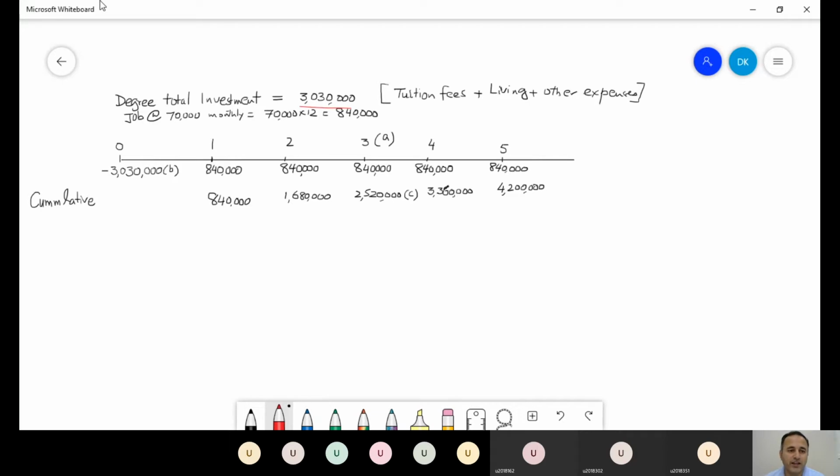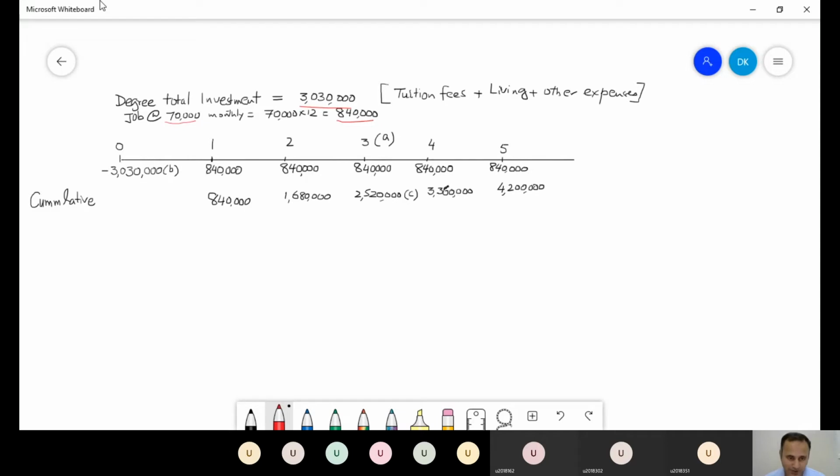Then they said they're expecting 70,000 rupees per month, so 840,000 per year. If you plot it on the timeline, at time 0 they invested 3,030,000 rupees initially, and then he or she is expecting to make 840,000 rupees each year.